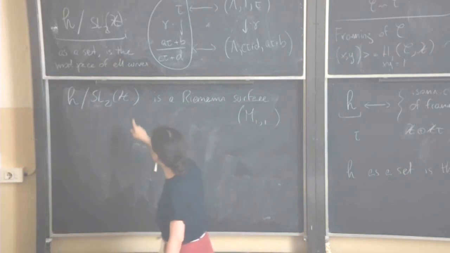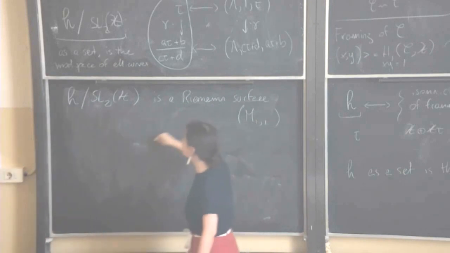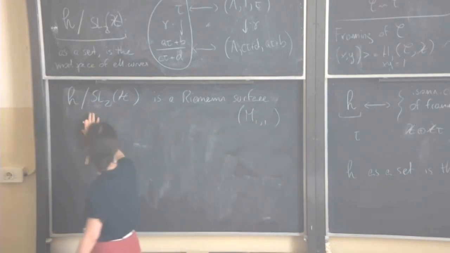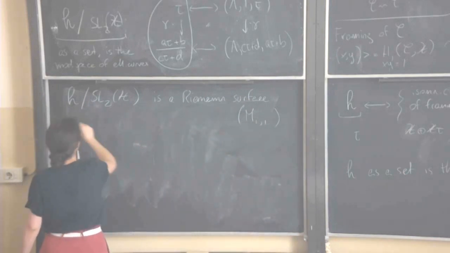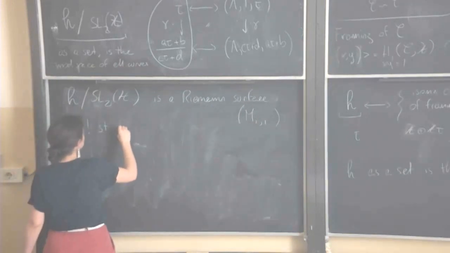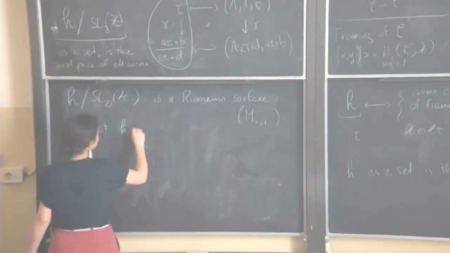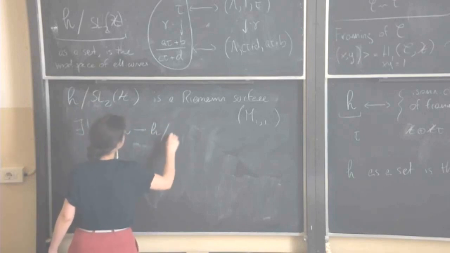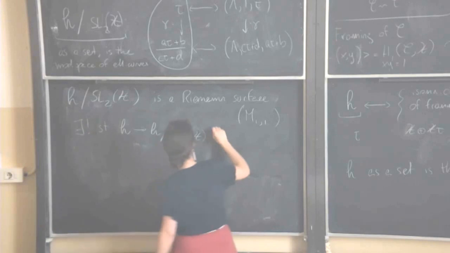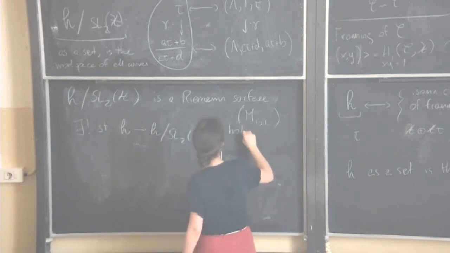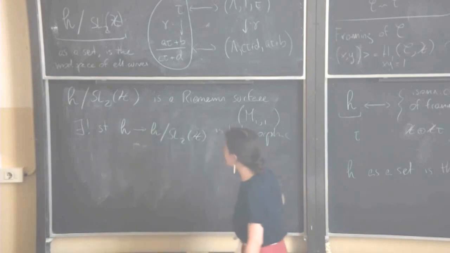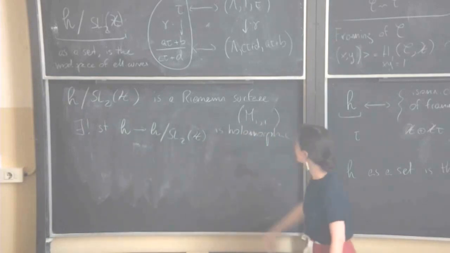The nice thing is that there exists a unique way to put a Riemann surface structure over this such that the quotient map, from H to H over SL2Z, is holomorphic. So there is only one way to do this, and we will choose this structure.